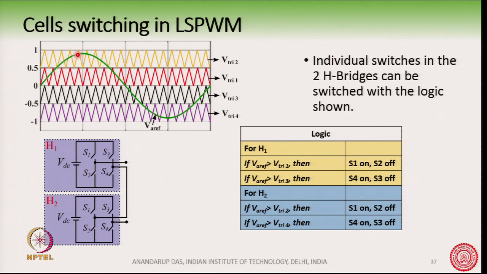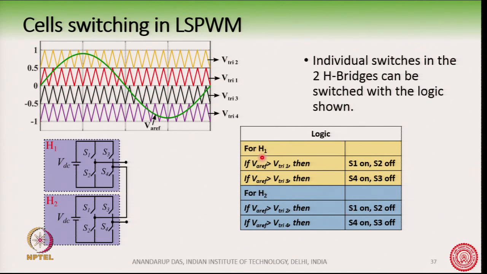So, when we are here during this part of the waveform, VRF is sometimes more and sometimes less than triangle 2, and hence S1 in H2 will be sometimes turning on and sometimes turning off.